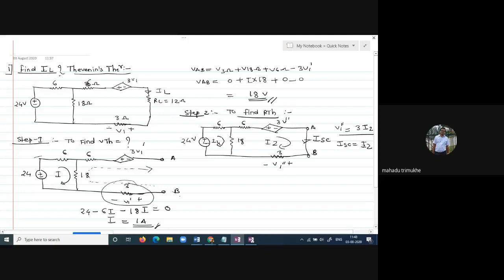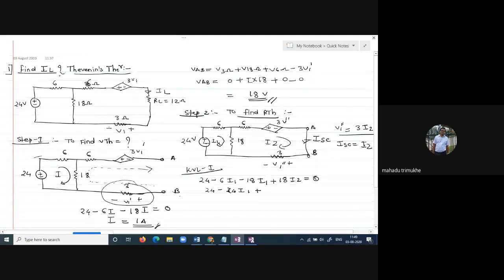Now you have to apply KVL to the first loop. What is the KVL to the first loop? 24 minus 6 I1 minus 18 I1, again that 18 is common between loops 1 and 2, so plus 18 I2 is equal to 0. Simplifying, I1 gets 6 plus 18, that is 24 I1.